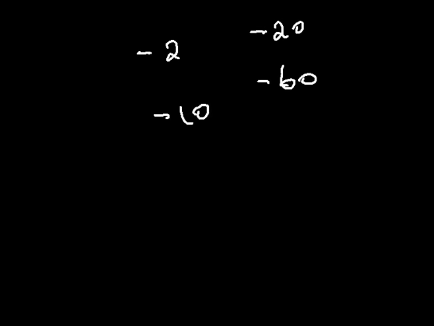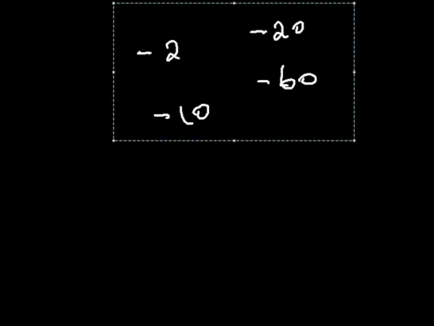All these are negative numbers. And we cannot present a negative number like this, let's say 2 negative. No, it doesn't work like that. So a sign corresponding to the number always comes before the number. We can have, let's say, negative 40, negative 4, like that.